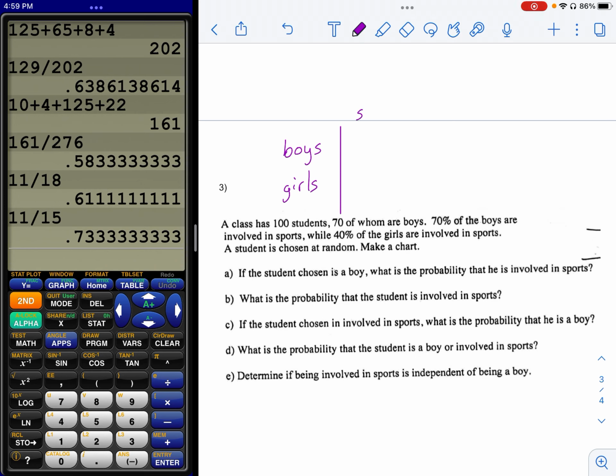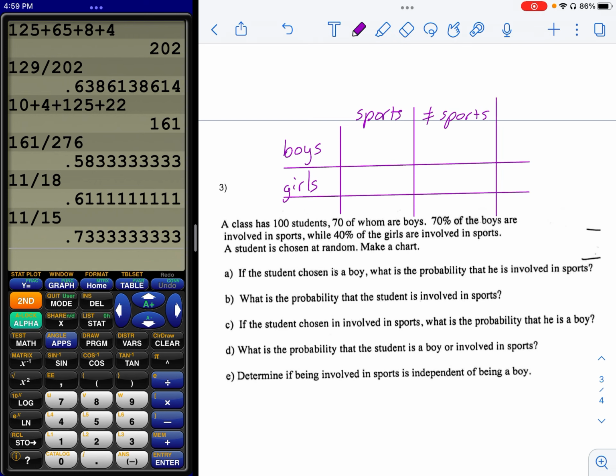The other categories are sports and not sports. Okay, 100 kids total. 70 are boys. All right, put 70 over there. That means 30 must be girls.